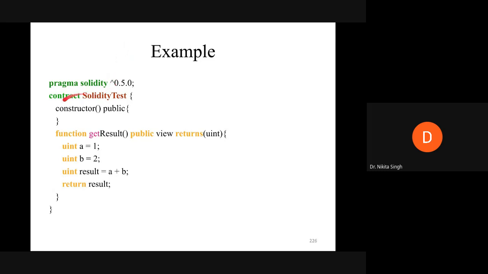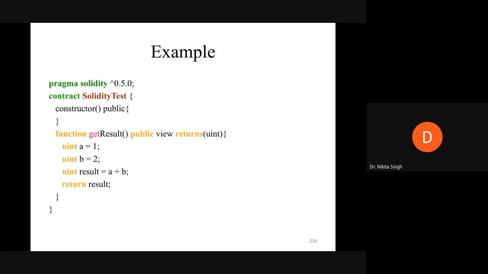That is, this solidity file will only run for version 0.5.0. Again, you create a solidity contract, and your contract is doing just simple things. It is storing some values in integer variables. It is calculating the sum, and it is displaying the result. That is, you're taking two values, 1 plus 2, and you are returning the result.